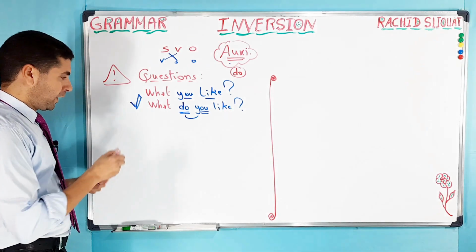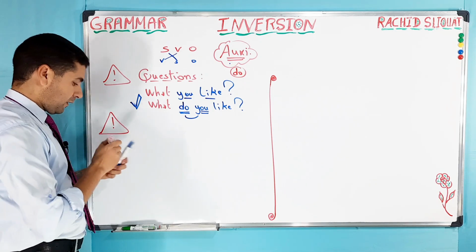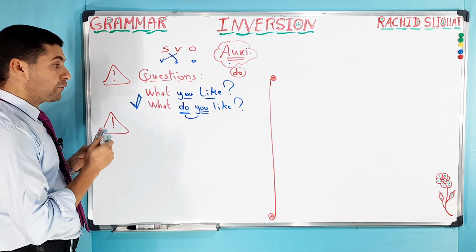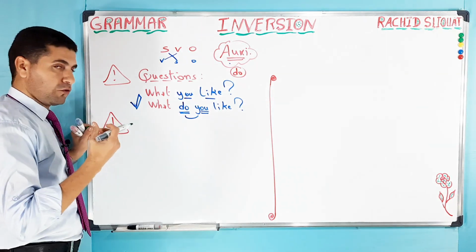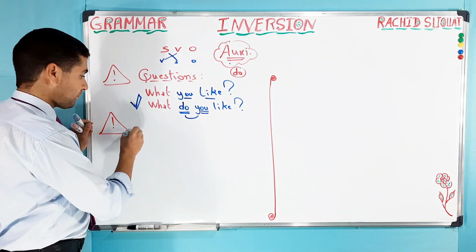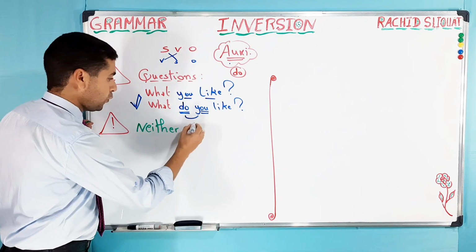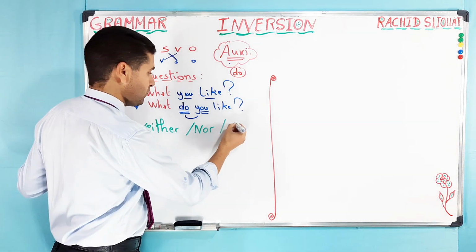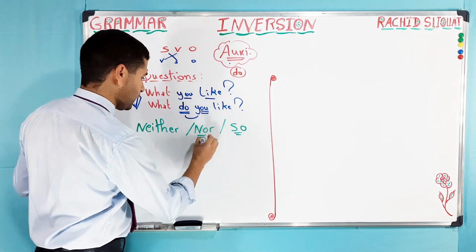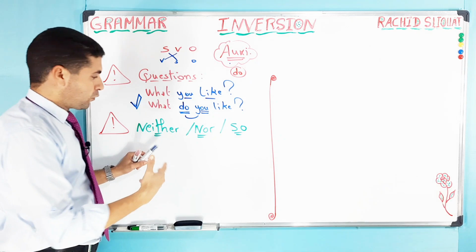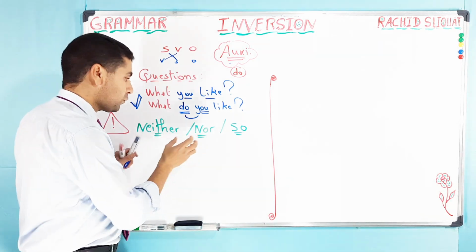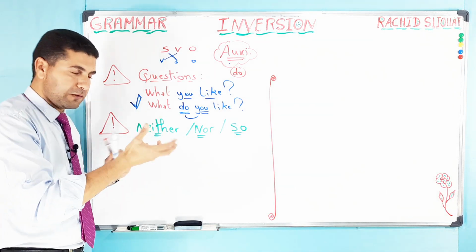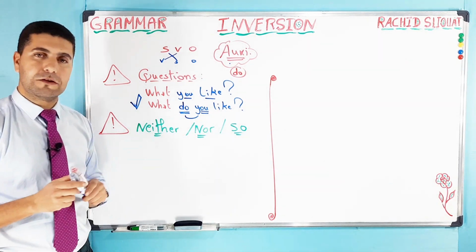The first and most essential one that I'd like you to keep in mind is with some words, like neither, nor, and so. Just remember these words. We are going to see examples in which we have to inverse the subject and verb when it comes to such words.